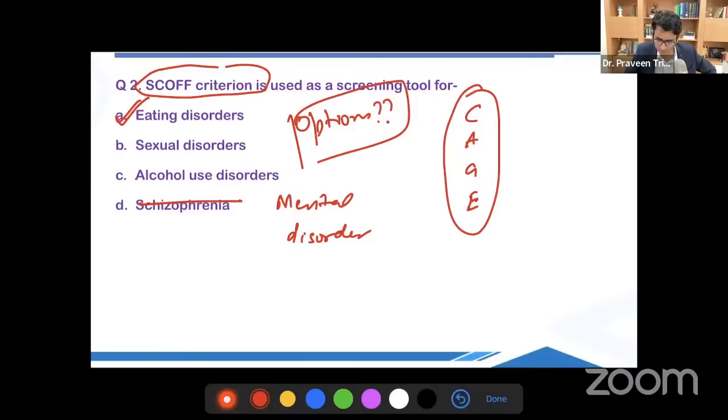Okay, behavioral disorder was there. Eating, sexual, alcohol, mental health. Fine, I'll figure it out. But basically the answer was eating disorder. You don't really have to care about the other 3 options. So the answer is option A, eating disorder. No alcohol. So instead of alcohol, there was behavioral disorders. Fair enough.